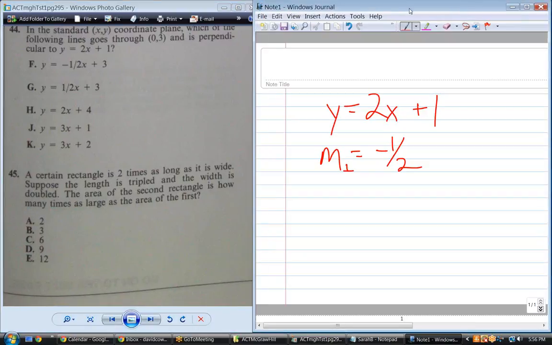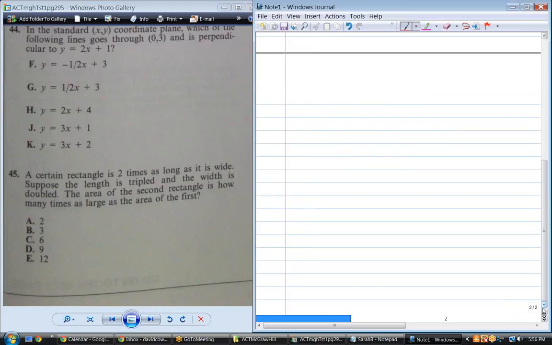All right. 45. For this one, can you just plug in random numbers? Yes, you can. That's very good.